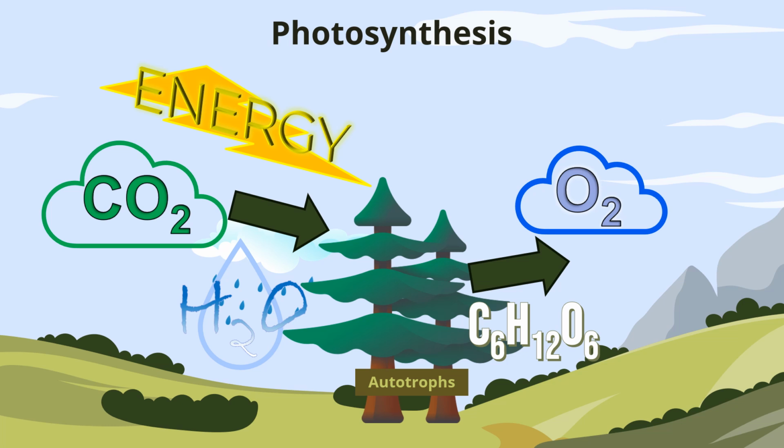This is a big compound, but you know it as simply sugar or glucose. You can see that the carbon has gone from a gas, carbon dioxide, into either a liquid or a solid, into sugar, something that can be used by other organisms.